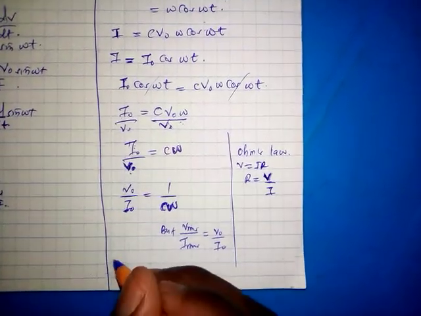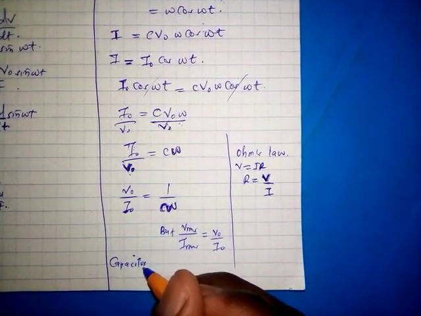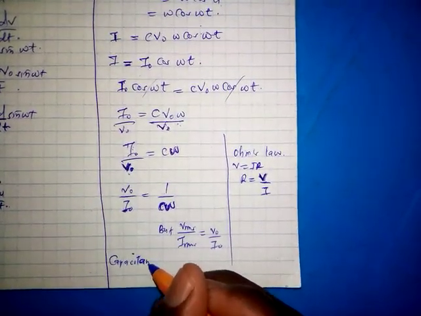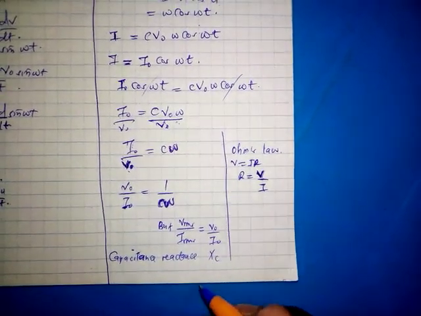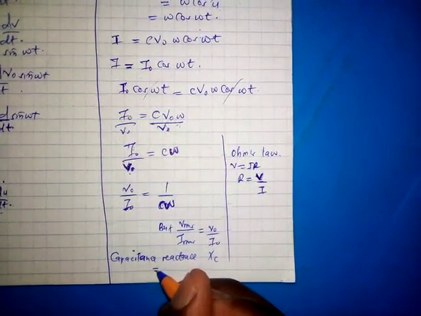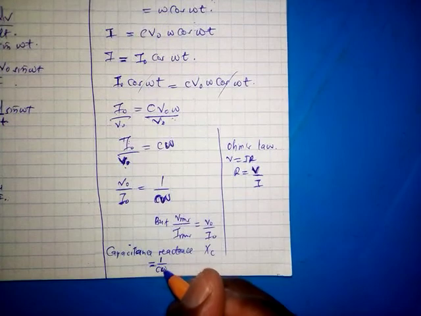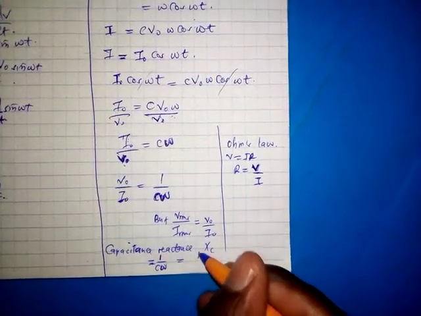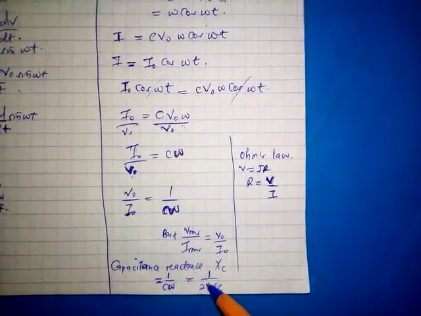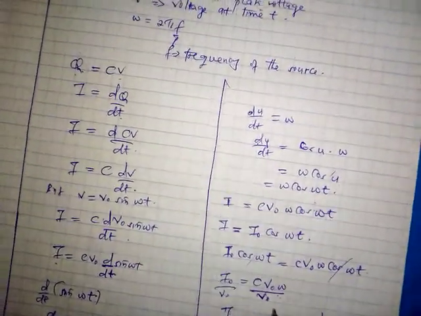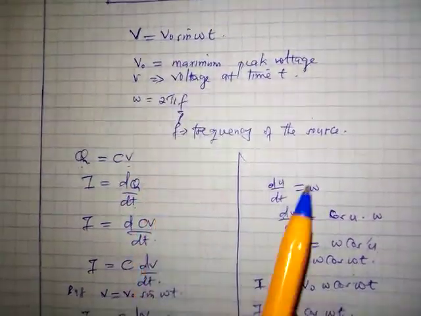So the capacitor reactance Xc is given by 1 over C omega, which is the same as 1 over 2 pi f C. Remember, omega is 2 pi f.